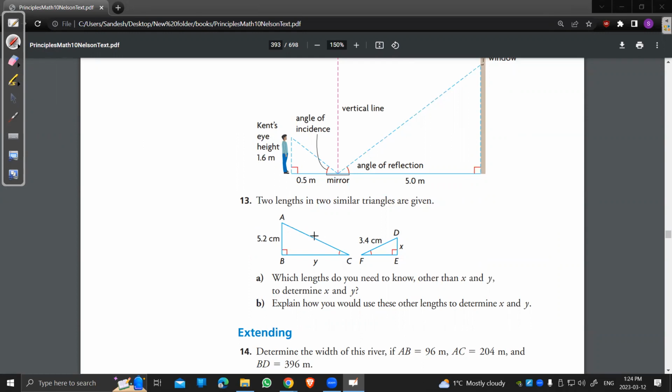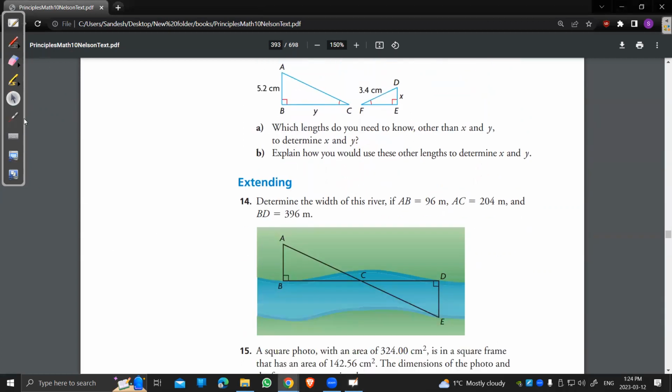To find x and y, they would need to give us the hypotenuse here, this side. Because using this and this 3.4, we can find the scale factor, yeah? Right now, as is, it's unsolvable. So if they gave us AC, we can do this question by using Pythagoras theorem and special triangle properties.